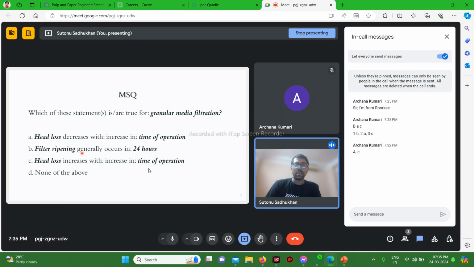So either option A or C, and or option B, that you have to answer for granular media filtration.